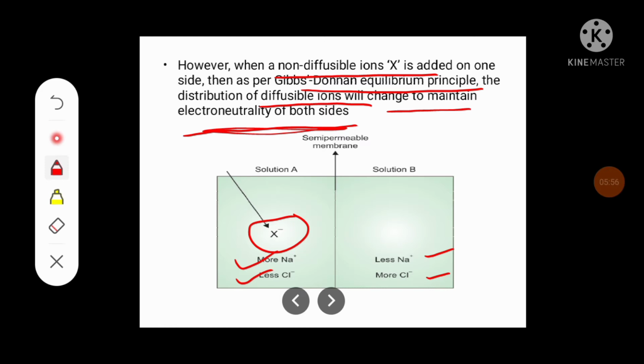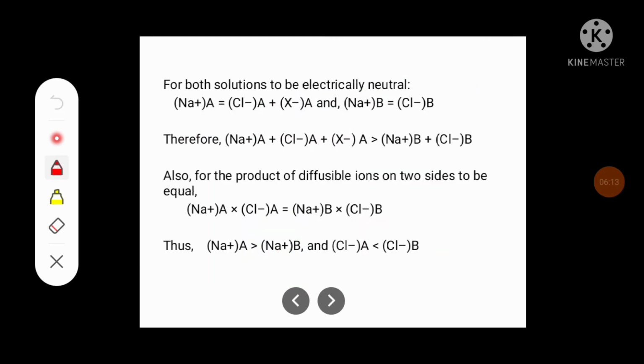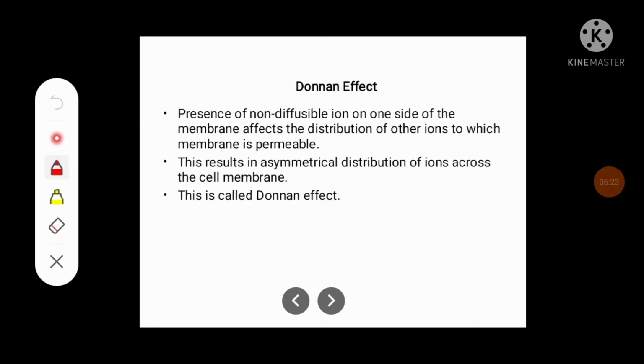So when indiffusible anions are added to solution A, there will be unequal distribution of anions and cations in solutions A and B. This is what I mean: the presence of a non-diffusible ion on one side of the membrane affects the distribution of other ions to which the membrane is permeable.